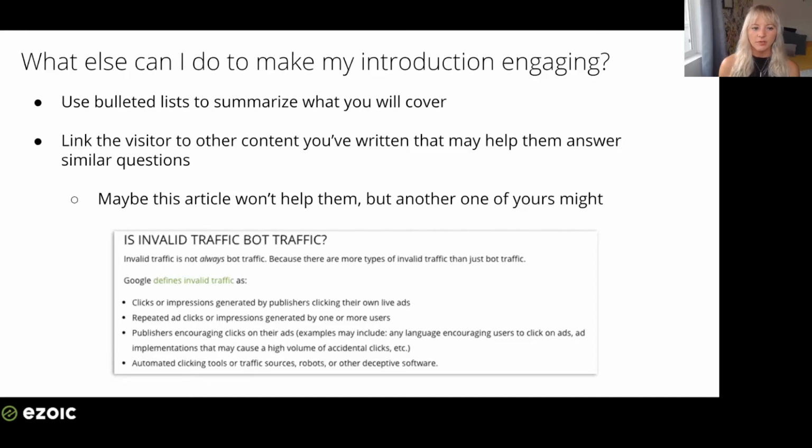So you may go through your older content and find that you have information on your website that a user might find more valuable than what you're currently providing with your new content. And this is totally fine, but you can do this and keep them on your website and get more page views per visit, and also prevent bounces from your website by giving them information that you might already have on a similar topic.